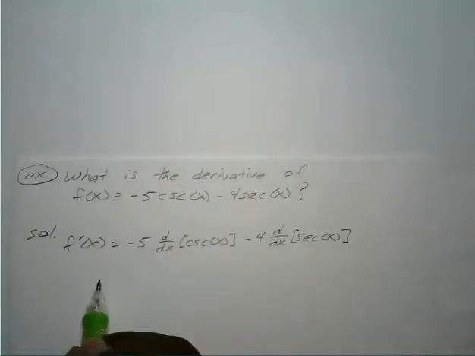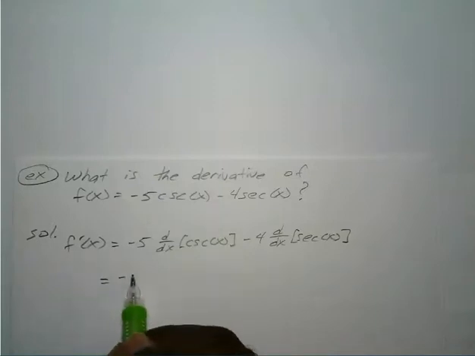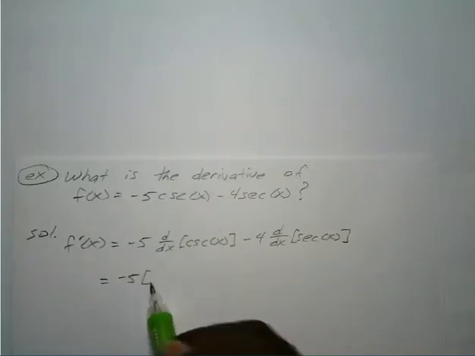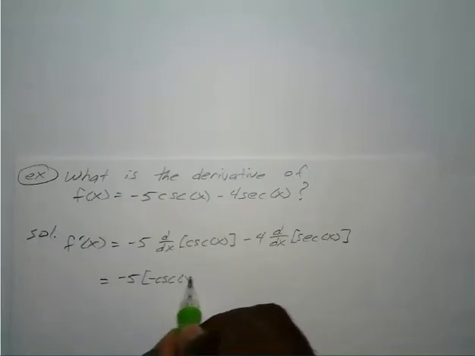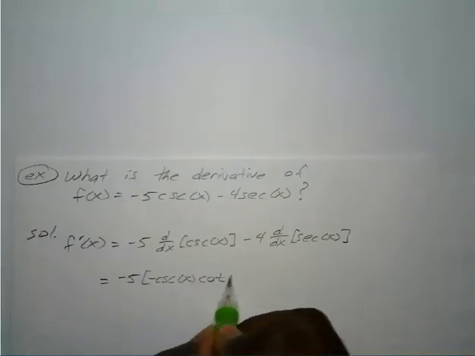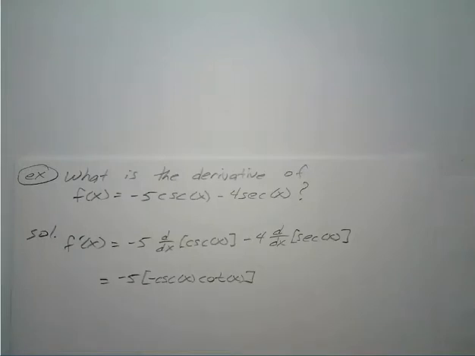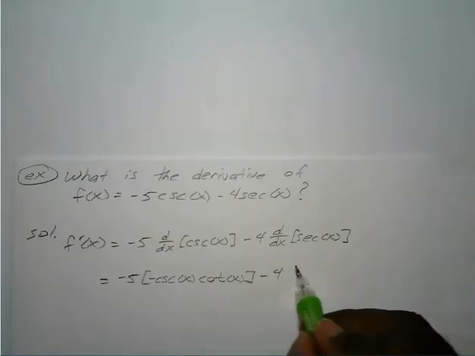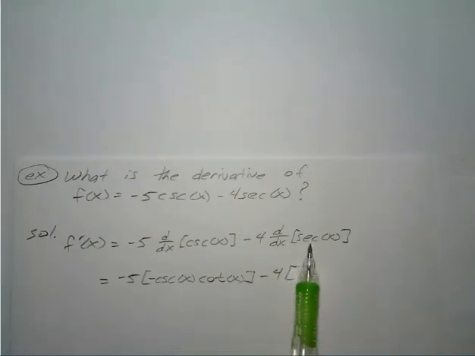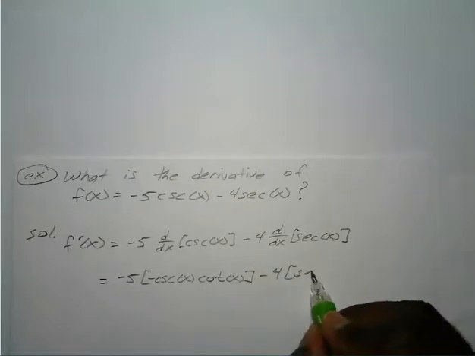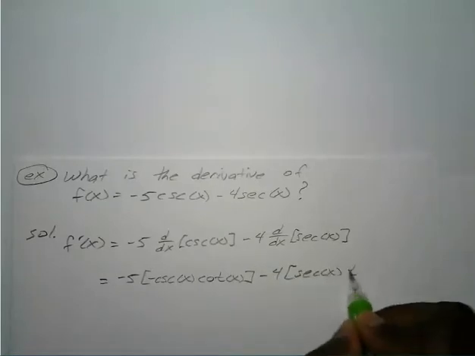Okay, so that means this is going to equal negative 5 times the derivative of cosecant, which is negative cosecant cotangent, minus 4 times the derivative of secant, which is secant times tangent.